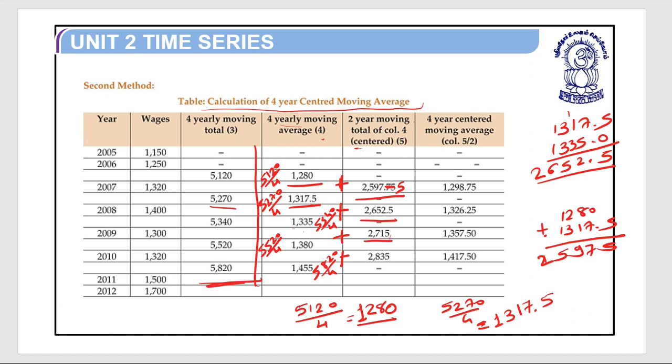So now 4-year centered moving average, column 5 divided by 2. 2597.5 divided by 2 is 1298.75. 2652.5 divided by 2 is 1326.25. 2715 divided by 2 is 1357.50. 2835 divided by 2 is 1417.50.